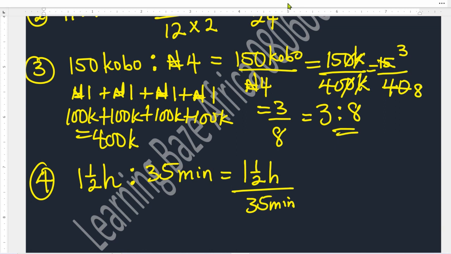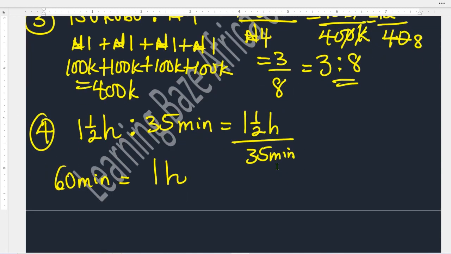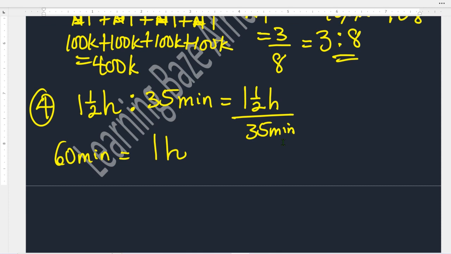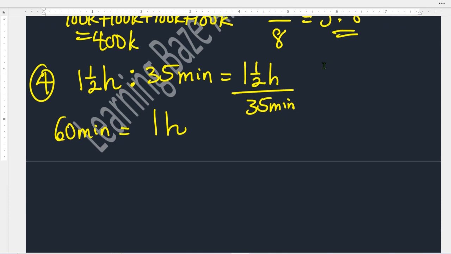So we have to convert the number in hours to minutes so that they can have the same unit, so that we can divide. All right, we have to change it. So how many minutes make 1 hour? We all know that 60 minutes is equal to 1 hour. Then we have 1.5 hours here. How do we change 1.5 hours to minutes?